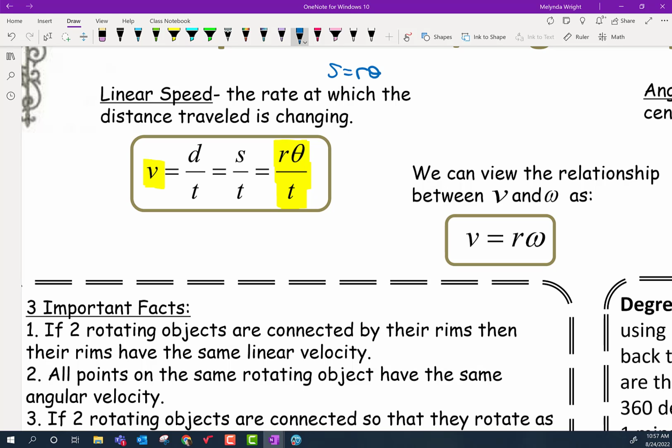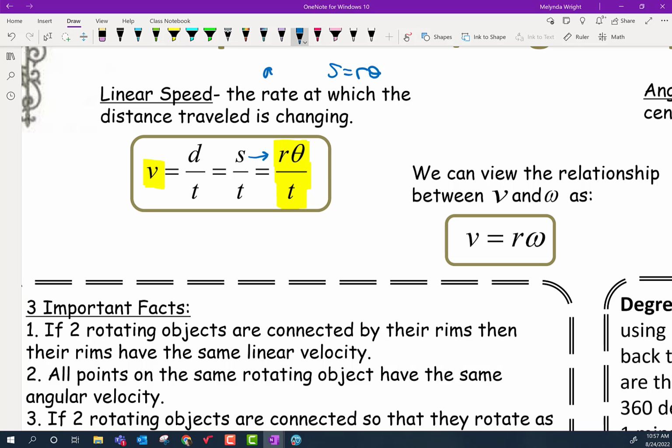So linear speed, one of the formulas is simply arc length over time, or distance over time. Okay, so that's an important formula for us.